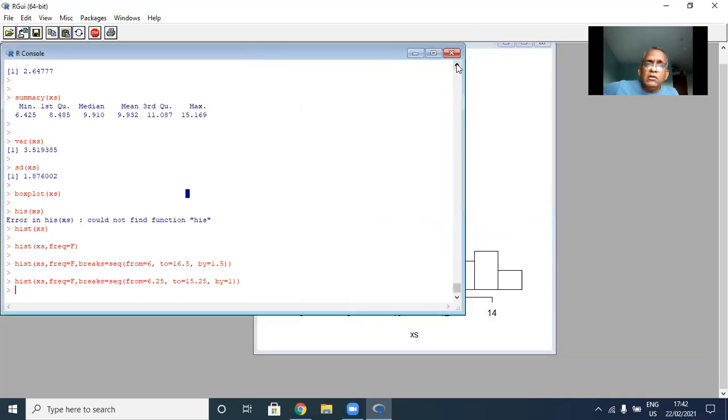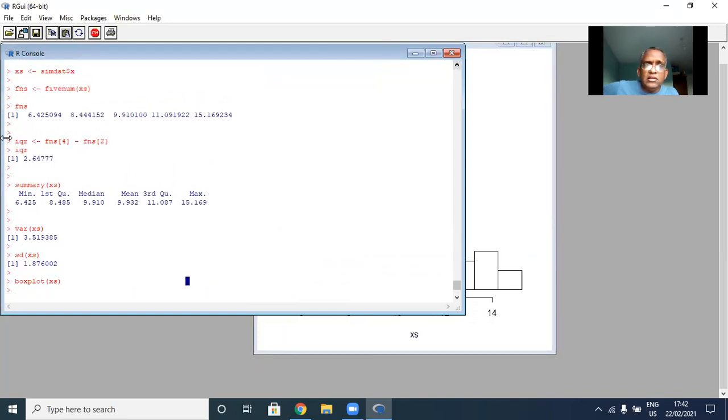The summary contains more information than fivenum. Fivenum only contains the minimum, the first quartile, the median, the third quartile, and the maximum, whereas summary also gives you the value for the mean, as well as the five numbers of fivenum.